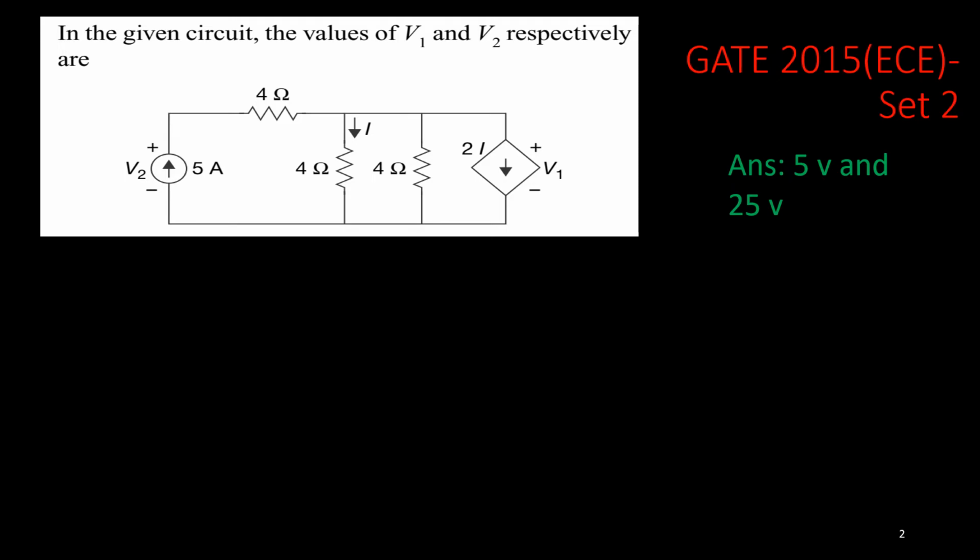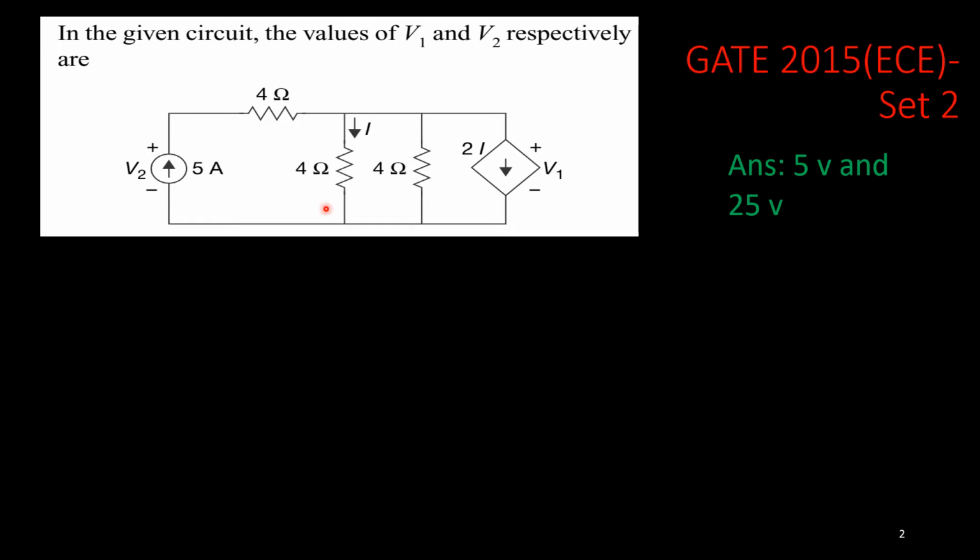Now look at the problem. Here one independent current source of magnitude 5 ampere is given. In this circuit there is one dependent current source, and its magnitude is 2I, where I is the current through this 4 ohm resistance.